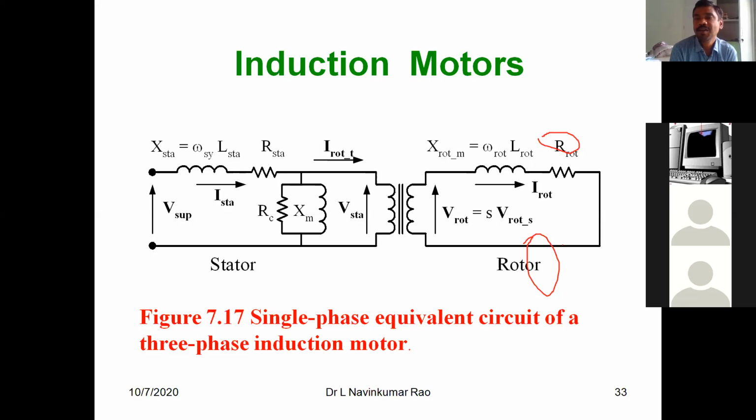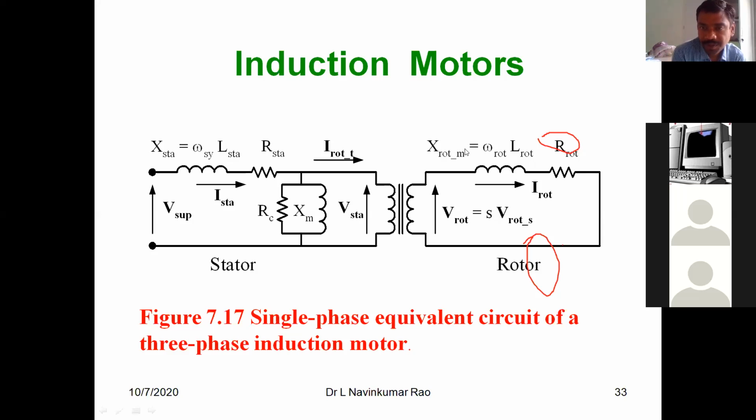So the primary winding of the induction motor is the stator, to which we give the three-phase supply, and the secondary winding of the induction motor is the rotor. Therefore, the equivalent circuit of the induction motor is exactly the same as the transformer.